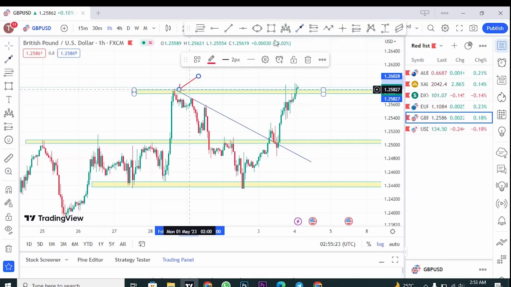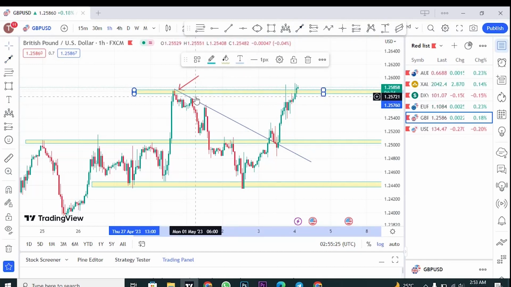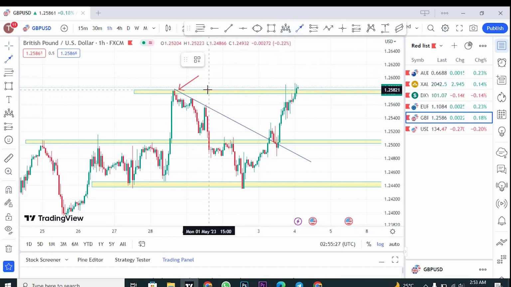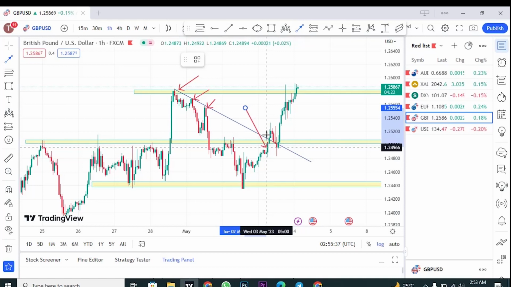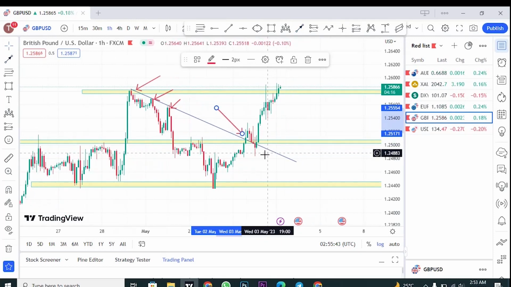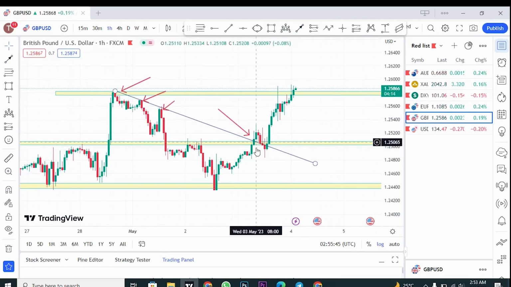Here was the first touch, here was the second touch, here was a third touch, and now here was where I was waiting for price to close above the trend line, and price did exactly that.